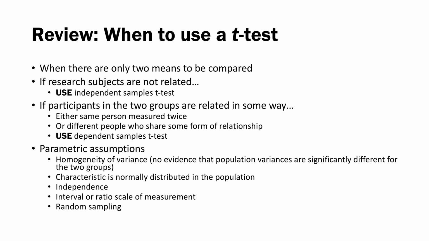We also have to see interval or ratio scale of measurement. Real briefly on that, it simply means that we can attach numbers to points on our measurement scale and that the distance between the points is equal. Okay, so when I give a survey and it's a 5-point scale, we're assuming that the distance from 0 to 1, from 1 to 2, from 2 to 3, and so forth, pretty well matches psychologically how people think about the distance on the scale.